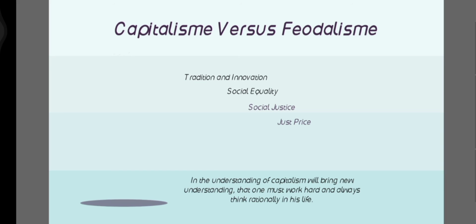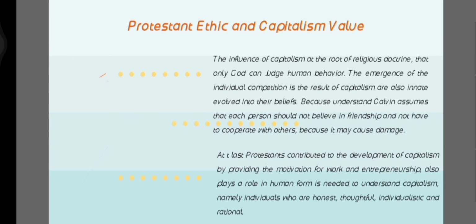Why do people work so hard when they have so much? Protestant theology was applied to the economic sphere by making hard and diligent work noble. The emphasis in capitalism on the accumulation of wealth also had its roots in these religious doctrines. In summary, the Protestant ethic contributed to the development of capitalism by providing the motivation toward work and entrepreneurship.